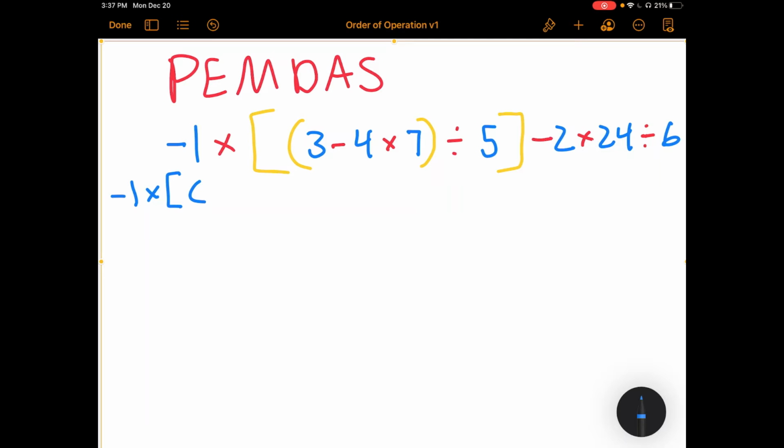Although there's a subtraction sign here, we do not do that first. So we bring down 3 minus, and then we solve for the 4 times 7. 4 times 7 is going to give us 28. Then we're going to close the parentheses, divided by 5, close bracket, and just continue writing out the rest of the equation.